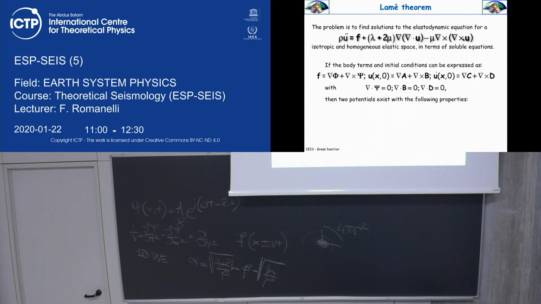I'm not going to ask you all the details of this theorem, okay? Just the logic. The logic is, we have this problem here, and F is a delta in space, time, and direction.